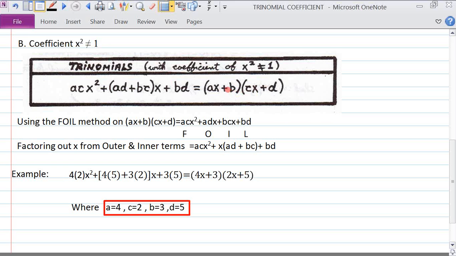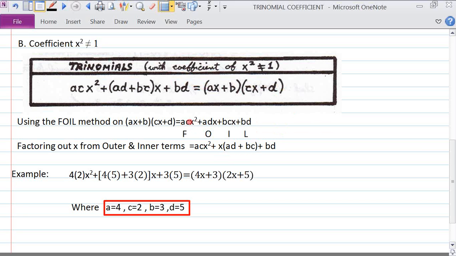So plus b times cx gives me the next term, which is bcx. And the last times the last, plus b times plus d, gives me plus bd. So all I'm doing is taking this and coming out with the FOIL expression.